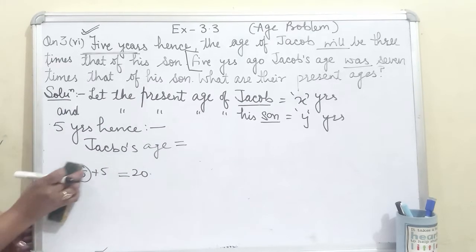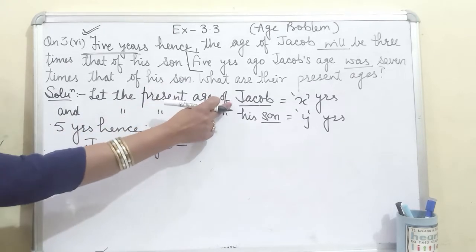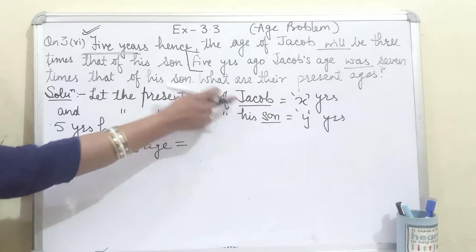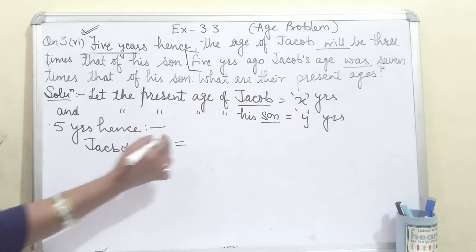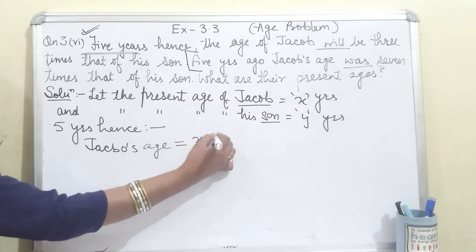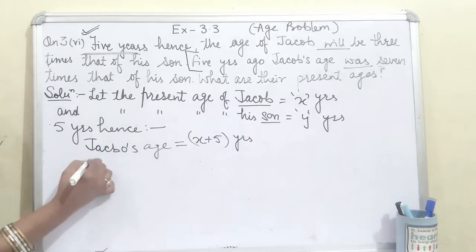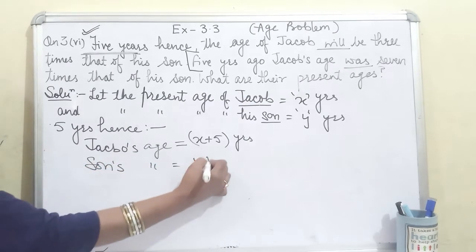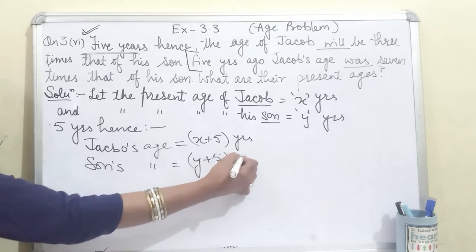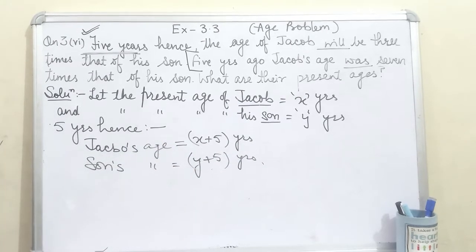In the same way, if Jacob's present age is X years, so after 5 years, Jacob's age will be X plus 5 years. Similarly, his son's age will be Y plus 5 years. Very good. These are the ages after 5 years.